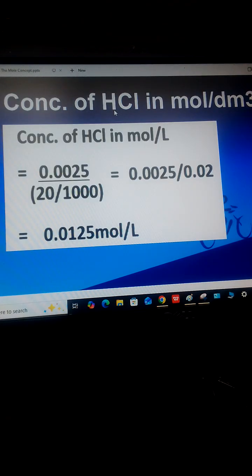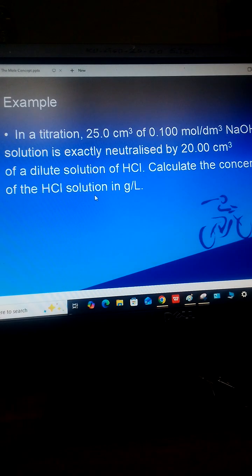Next, we want to find the concentration of hydrochloric acid in moles per liter. That is the molarity of hydrochloric acid. Now, in this case, we know that 0.0025 moles of hydrochloric acid were used. Therefore, the number of moles divided by the volume in liters, because the volume used for hydrochloric acid was 20 cubic centimeters.